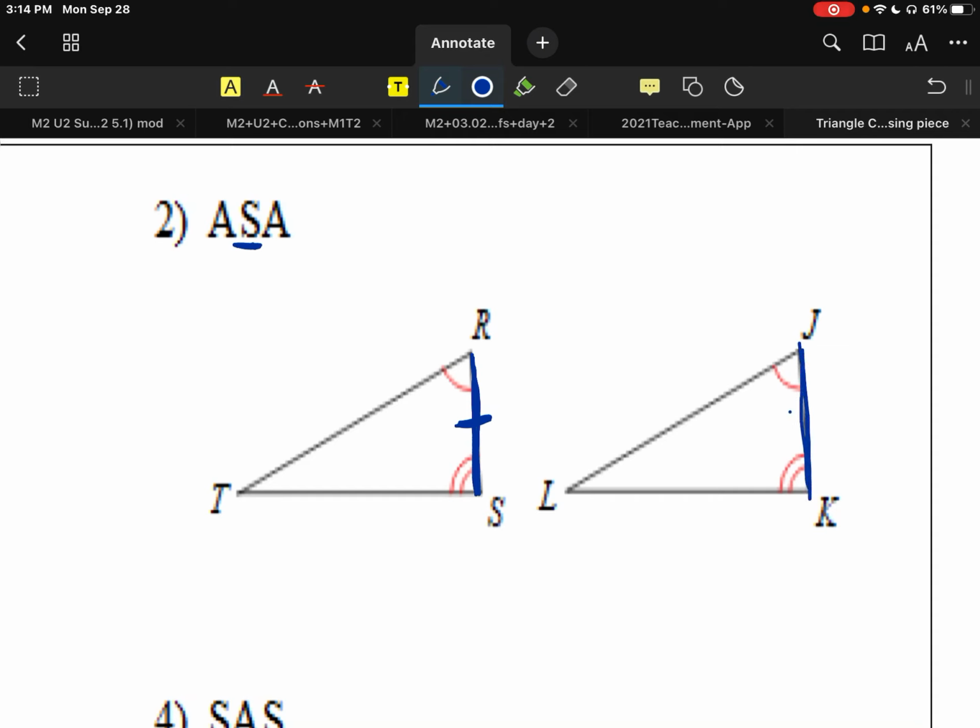So these are marked. And then I'm going to write my congruent statement. RS is that side on the left. That's got to be congruent with side JK. So this is what we're writing: a statement that helps complete the triangle congruency.